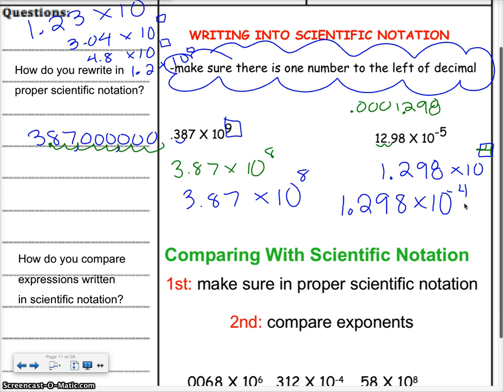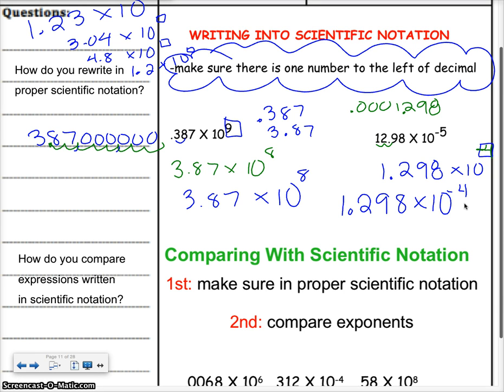A student a couple of years back, when I had them for Academic Edge, had a really cool strategy for this. They figure out how to change their exponent based on whether they're making their digits smaller or bigger. Notice, at first I made this bigger. Since I made this bigger, to balance it out I make my exponent smaller. So 0.387 turned to 3.87. It's kind of like a yin and yang thing.